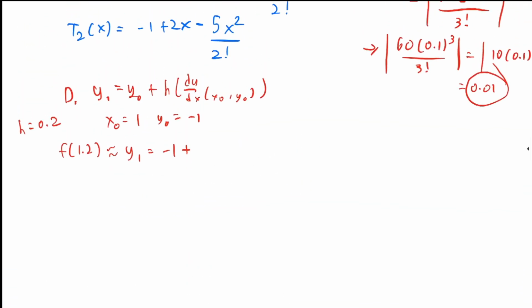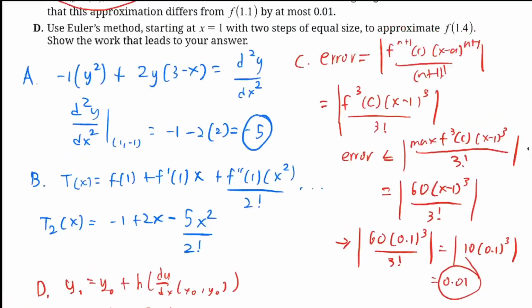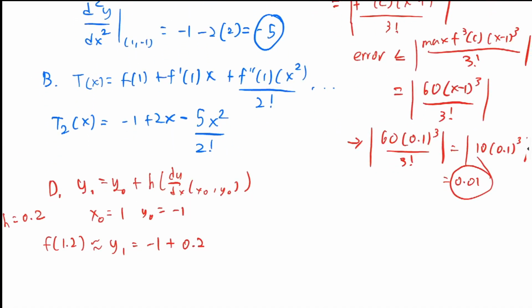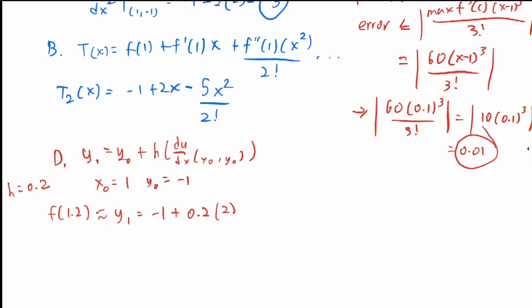So the height here, or the change in x, is going to be 0.2. So negative 1 plus 0.2 times the derivative at 1 comma negative 1, which we did find earlier, which was 2. And we use the Taylor series right here.